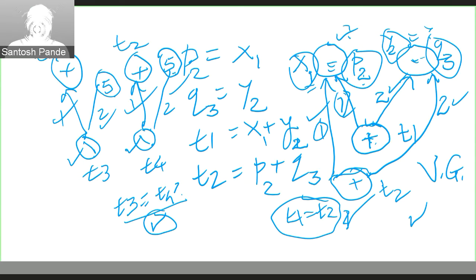But if the operators are the same, then the next thing we will do is go on the respective edges, check that their respective operands are congruent, and keep going down and verify the congruence. And if at every level we are able to prove them to be congruent, then the original constituents T3 and T4 will be congruent. So that's the general nature of the SSA-based global value numbering algorithm.